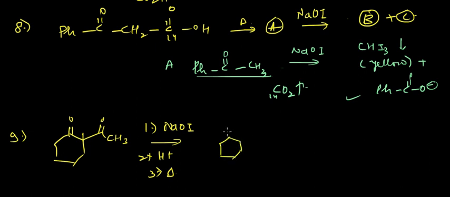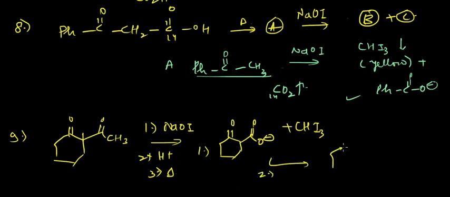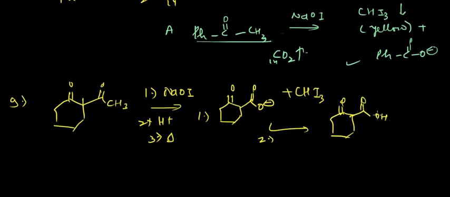We will be getting something like this from the first step, plus obviously CHI3, the yellow precipitate. When we provide acidic medium to it, a carboxylic acid will be formed. And third, when we are heating it, we will be getting a ketone group, and CO2 would be released.